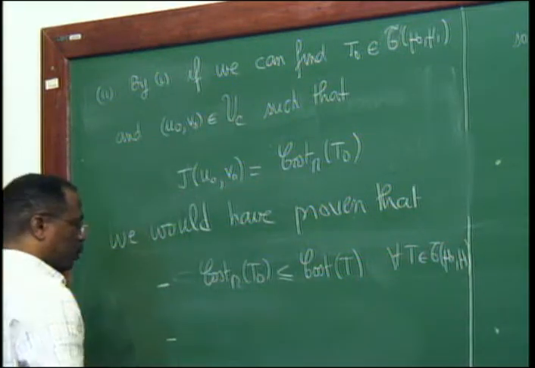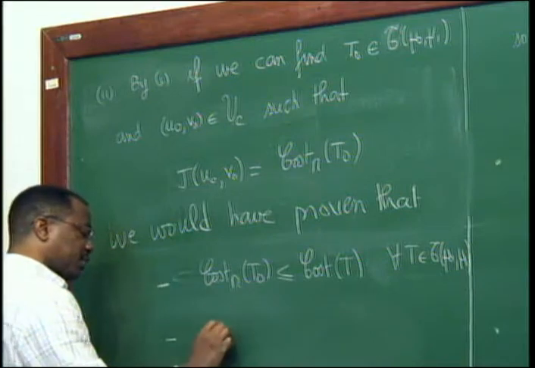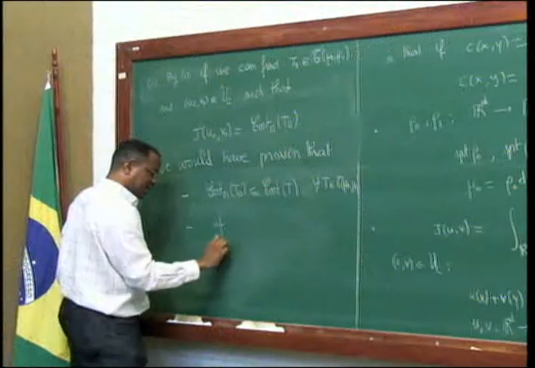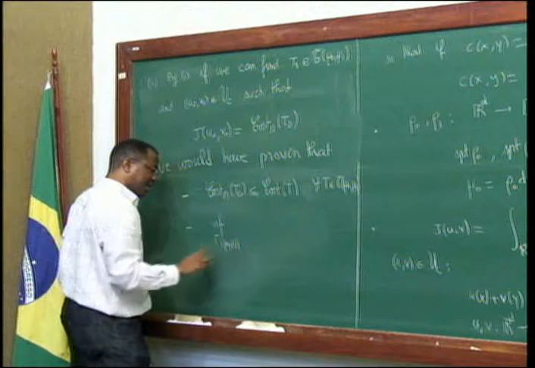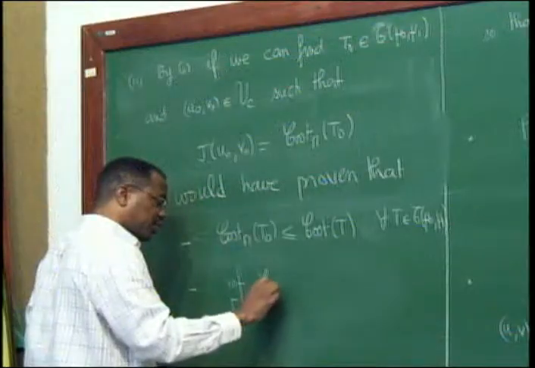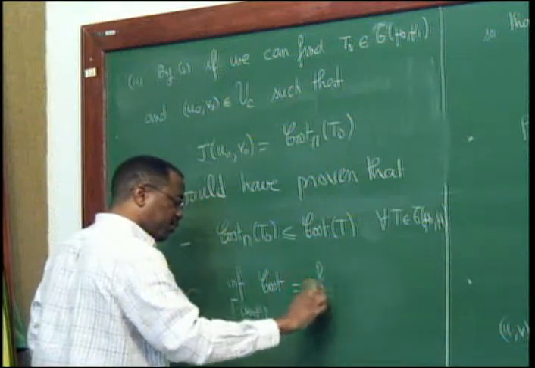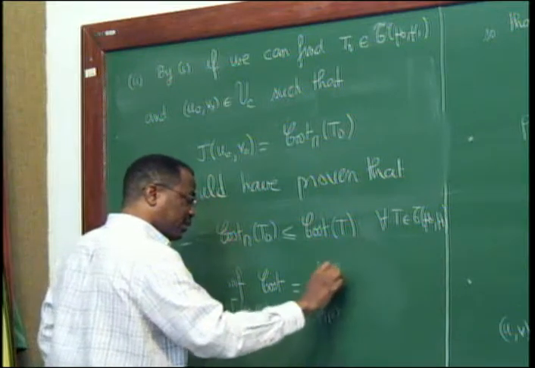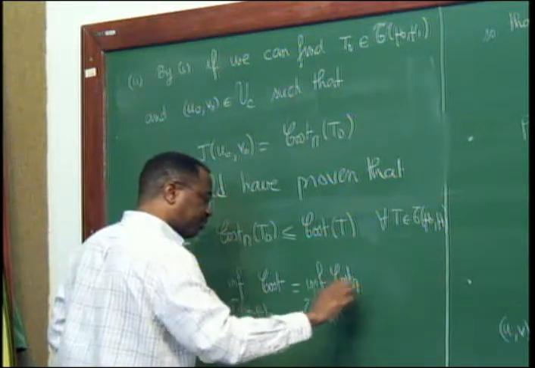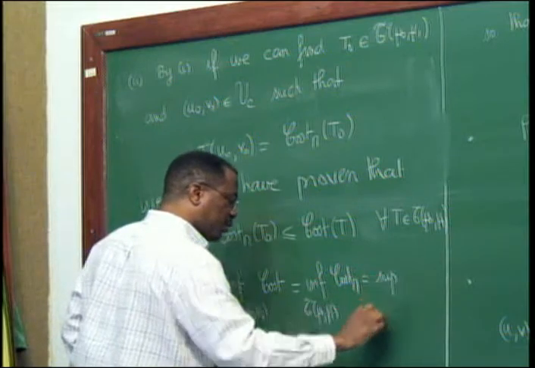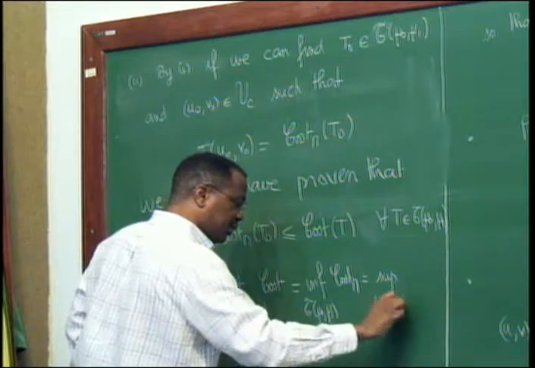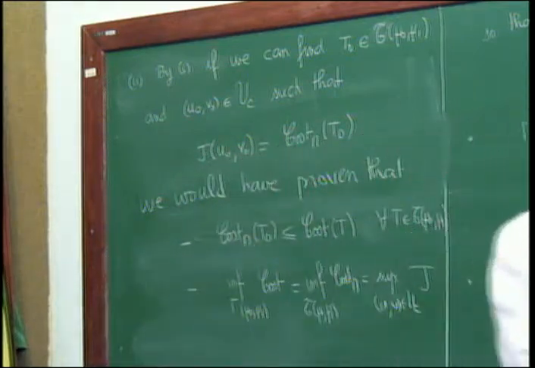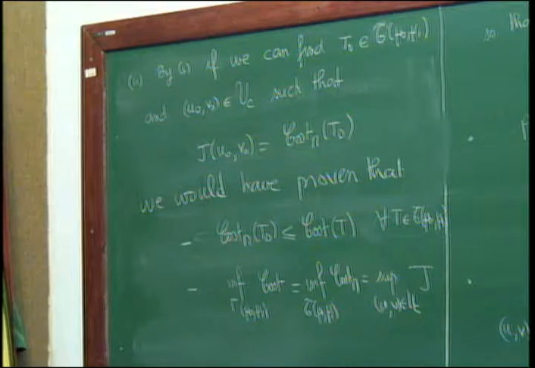And second, we'll have proven that the infimum over gamma, which has mu naught, mu 1 as marginals, of the cost of Monge, is the infimum over T of the Monge cost. And this will be the supremum over U, V in UC of J. Okay.